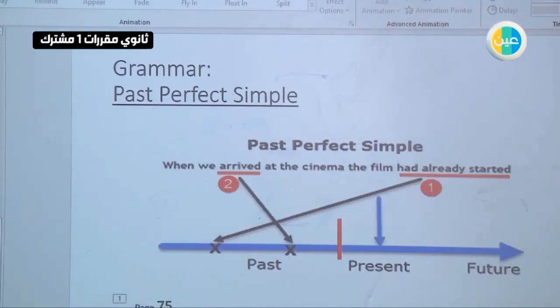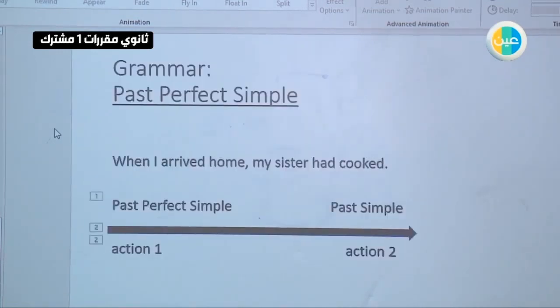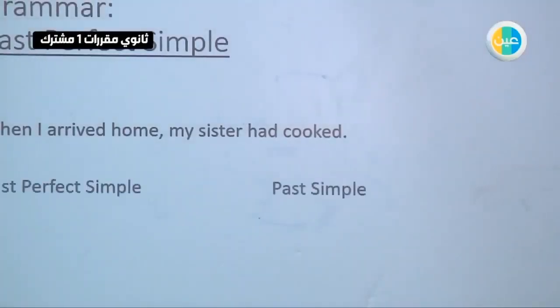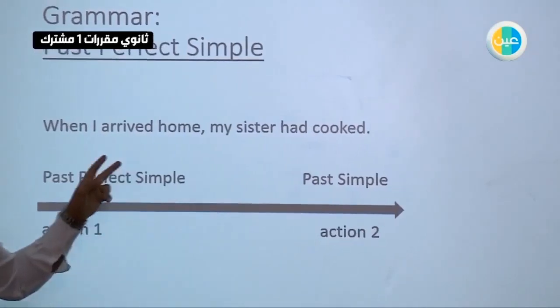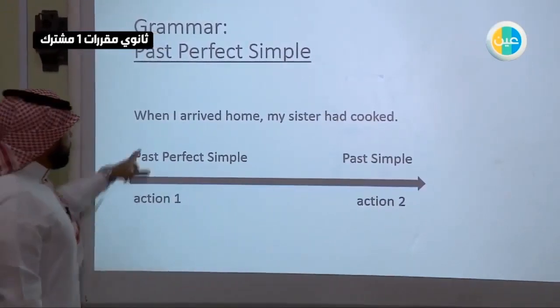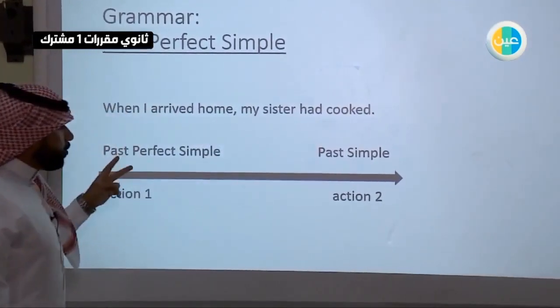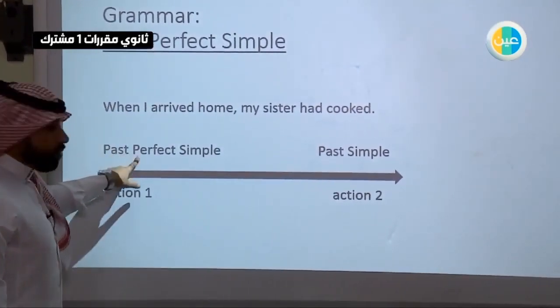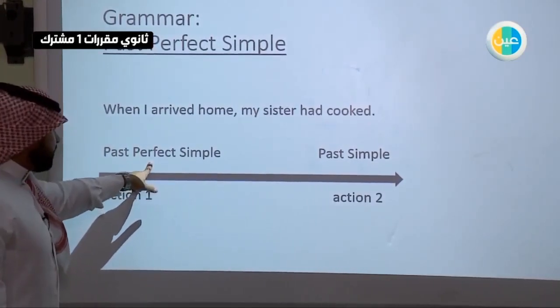Now let's get back to the rule to make a quick review. The past perfect simple is about two actions, where one action happened before a specific time. For example, when I arrived home, my sister had cooked. So we have two actions. Action one always uses the past perfect simple.